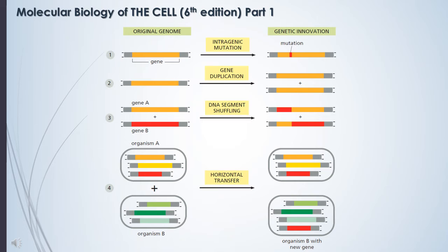A part of gene A is mixed with a part of gene B, and they result in two very different genes. And finally, the horizontal transfer is, again, the gene denoted in red being transferred from organism A to organism B. And obviously, it starts coding for a protein, which is intrinsic to organism A.